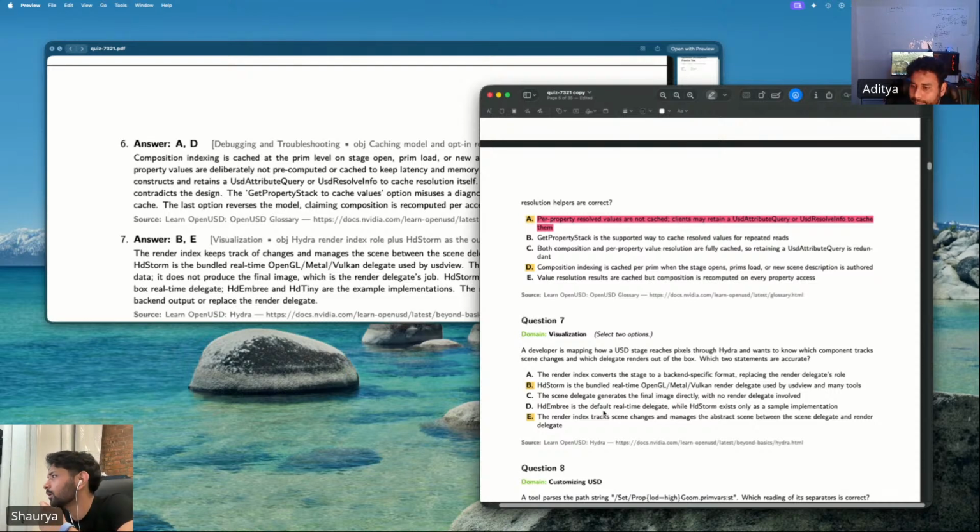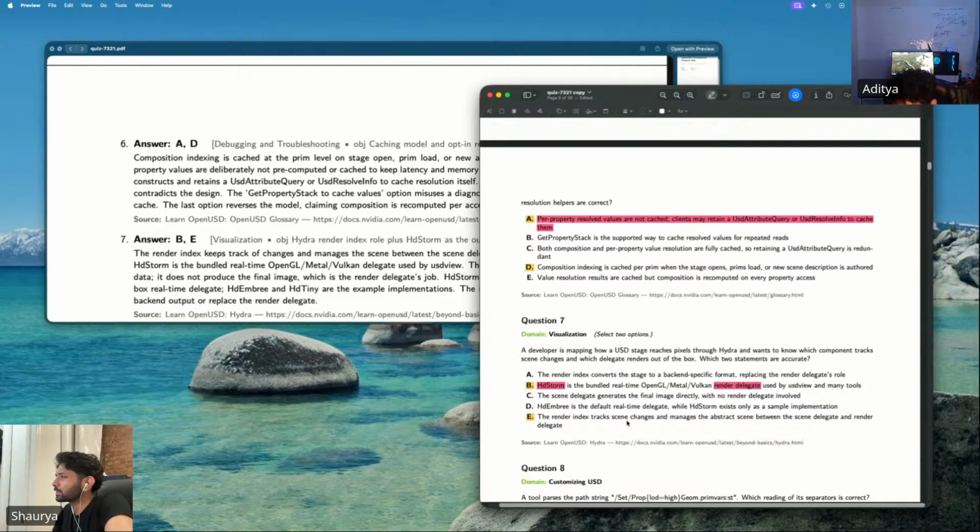A developer is mapping how a USD stage reaches pixels through Hydra and wants to know which component tracks scene changes and which delegate renders out of the box. HD Storm is the bundled real-time OpenGL, Metal, Vulkan render delegate, used by USD View and many tools.